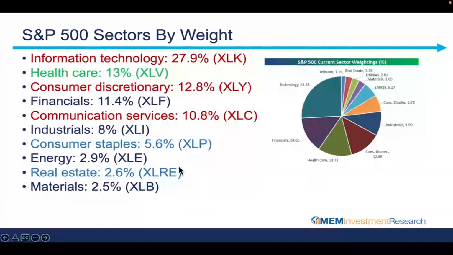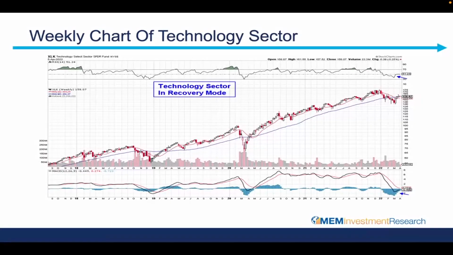And then in blue, you have the more staid, what I call lower beta, certainly consumer staples and REIT stocks that are also great areas that can fare well during periods of market volatility. And then, of course, utilities, we cannot leave that out, 2.4%. And these areas, we'll get more into as to where they stand now in the current market environment.